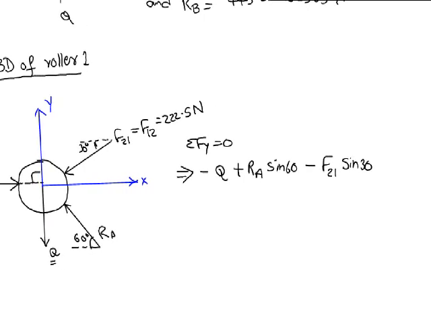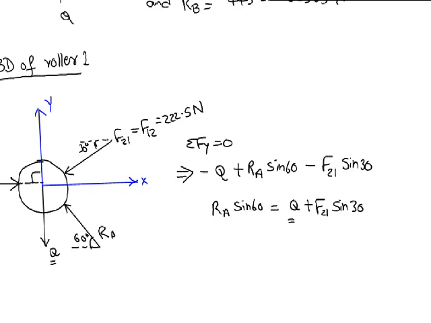So from this equation you can find the unknown, that is RA sine 60 degrees. RA sine 60 degrees is equal to Q plus F21 sine 30.